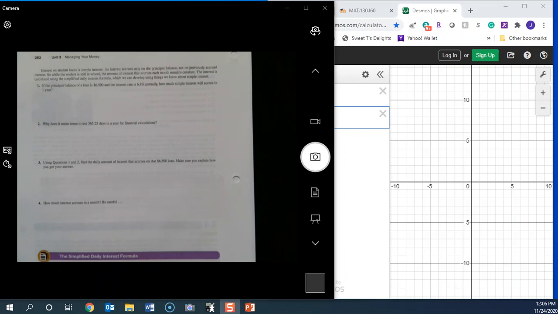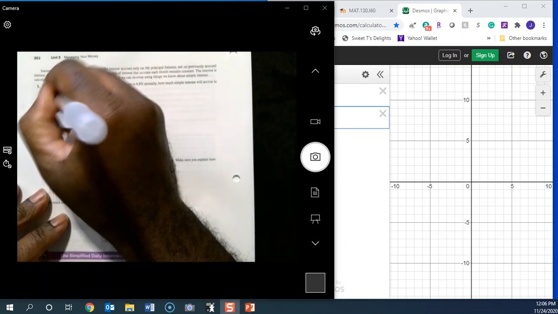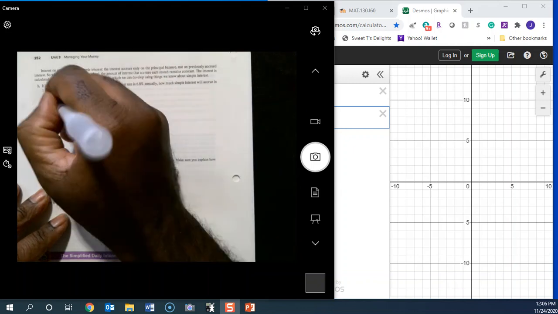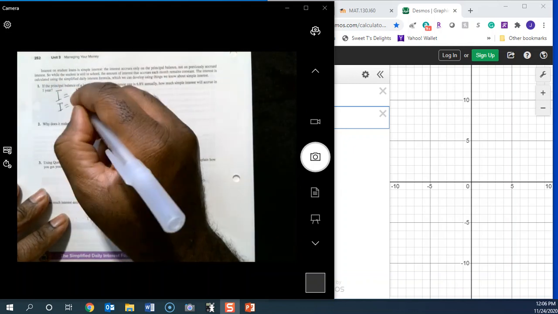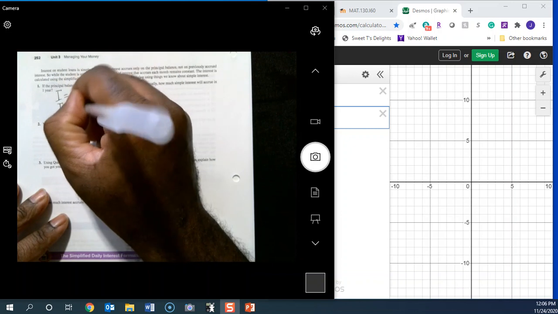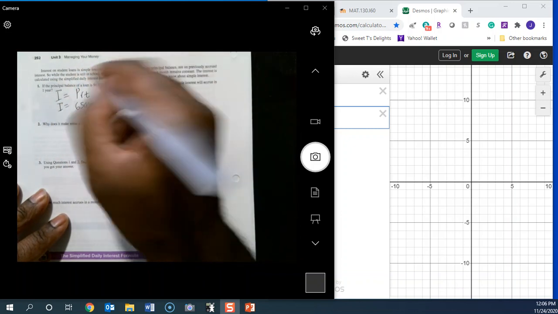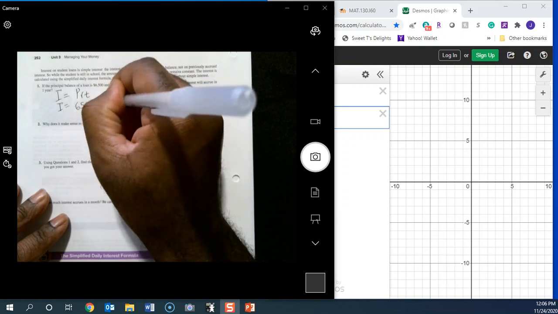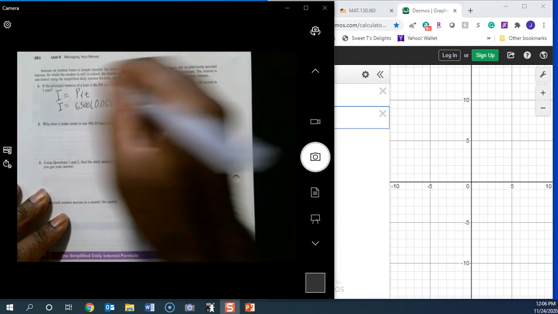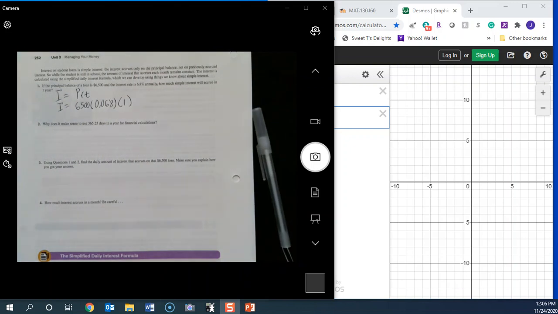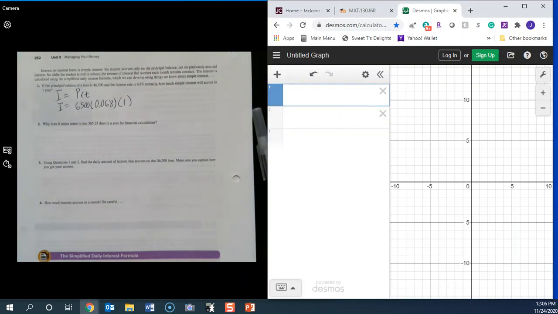So we can use the simple interest formula here, which is I equals PRT. I we know is interest. The principal we're told is 6,500. The rate is 6.8%, which is 0.068, and the time is 1 year. Now we could put this in our calculator.